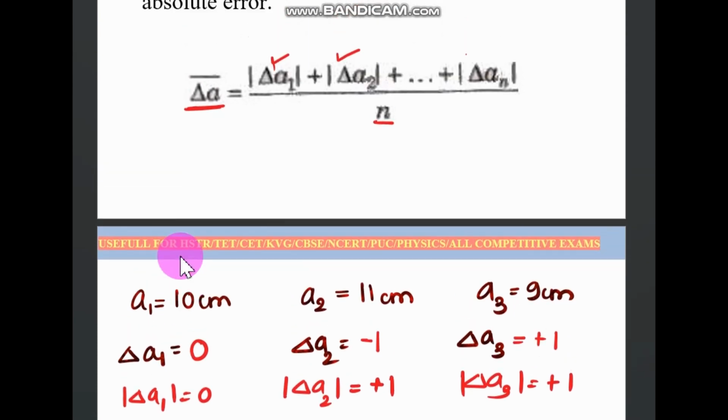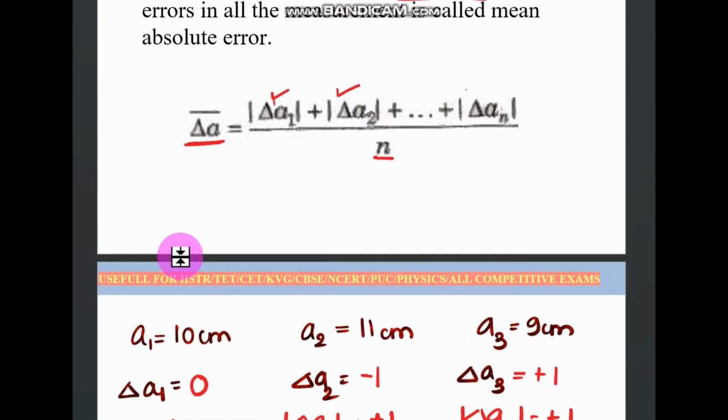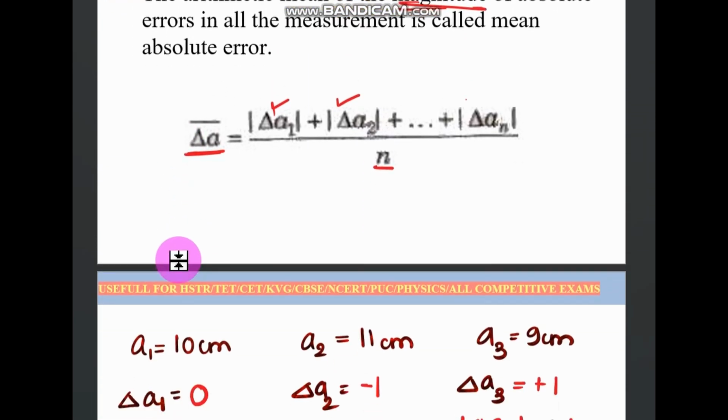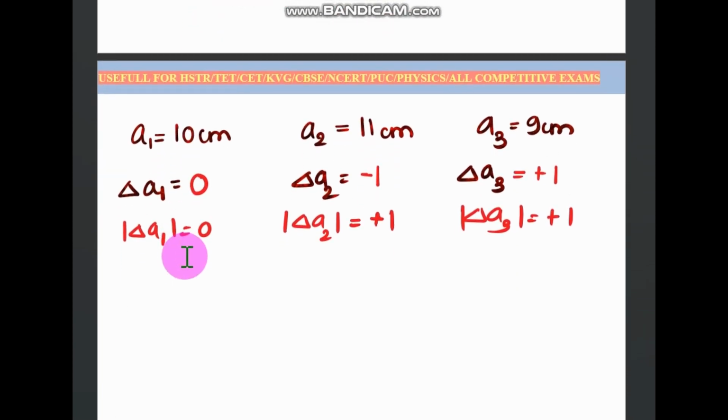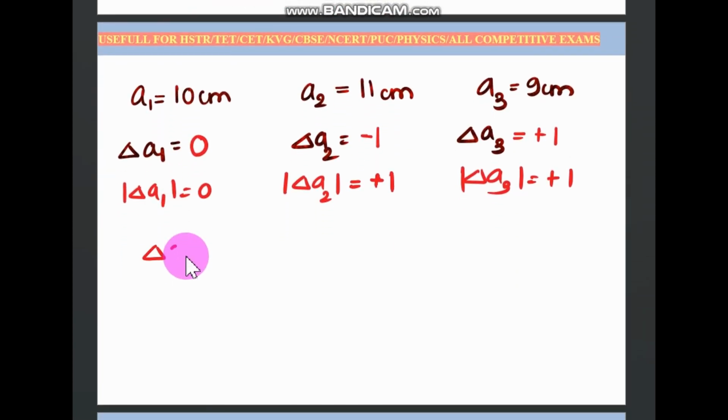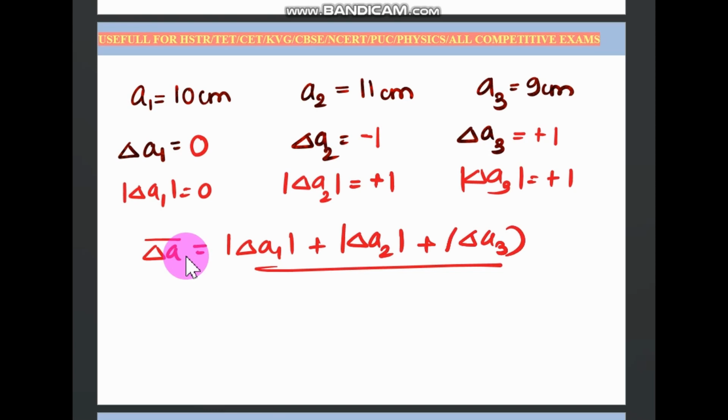So what our formula says, delta A bar, mean absolute error, is equal to mod of delta A1 plus mod of delta A2 plus mod of delta A3 divided by, as we have 3 values, I will take it as divided by 3.